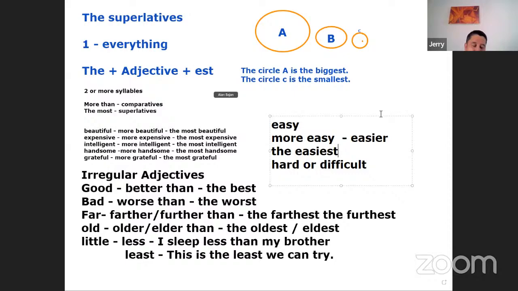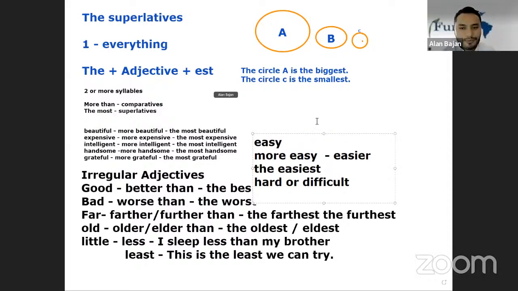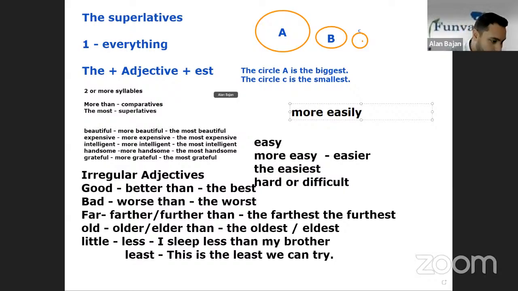Thank you. Don't mix it with more easily. That's an adverb, and this is correct. We can complete the things more easily if we study first, más fácilmente, but it's not más fácil, no se dice así.